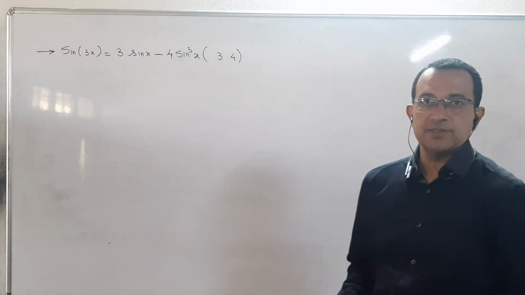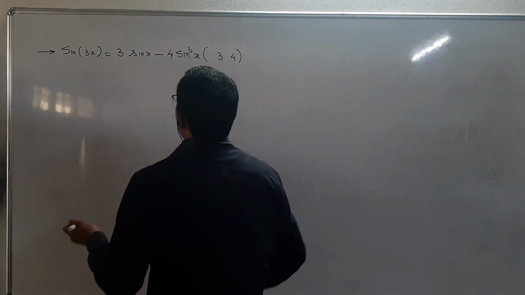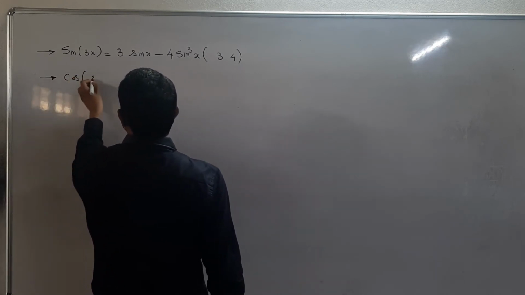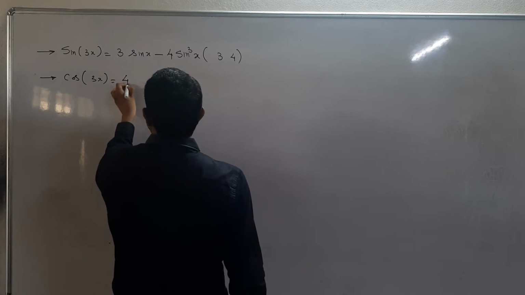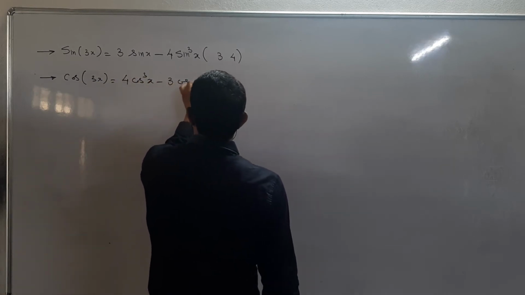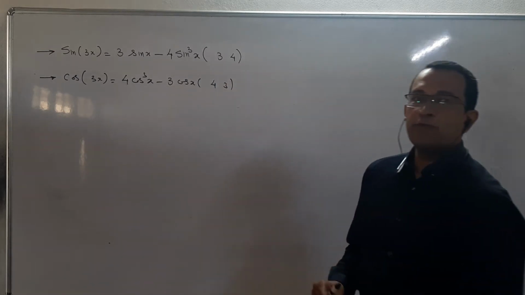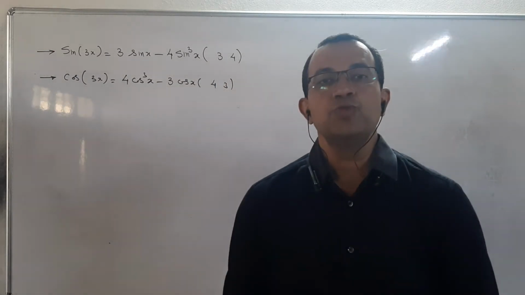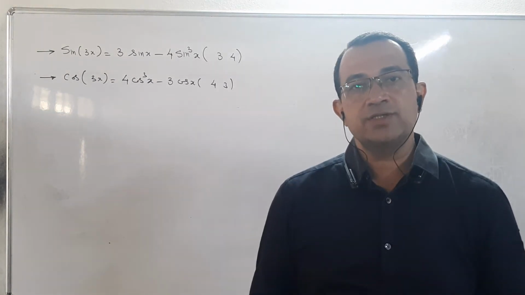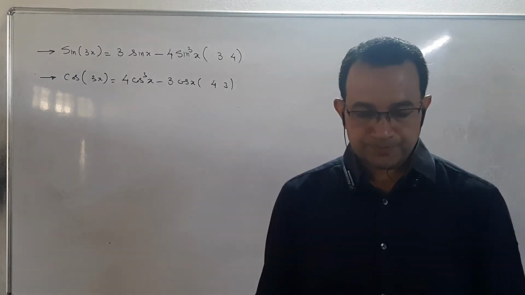But this is a bit lengthy. Then the formula of cos 3x is 4 cos cube x minus 3 cos x. Remember this as 43. With 4 you will have the cubical term, and with 3, students, you will have the linear term.